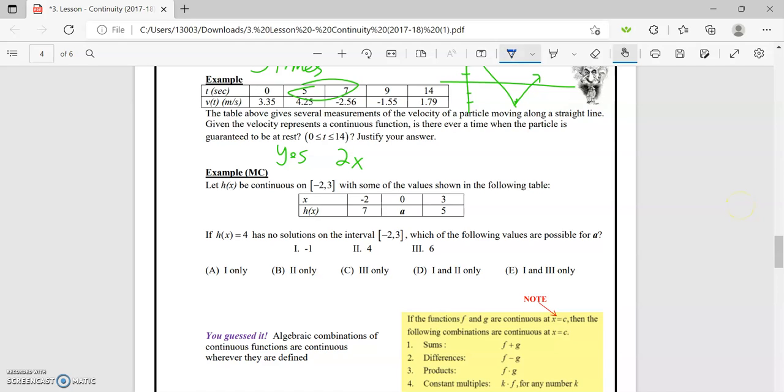So if we have a graph, let's see, we go like this, and this. Like that. So we know we have these two coordinates, -2, 7, -2 way up here at 7.